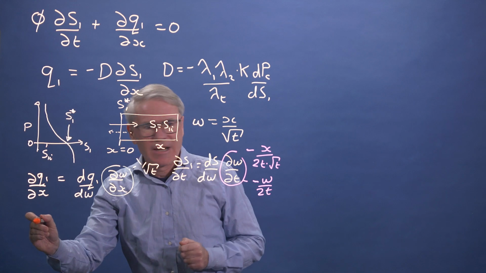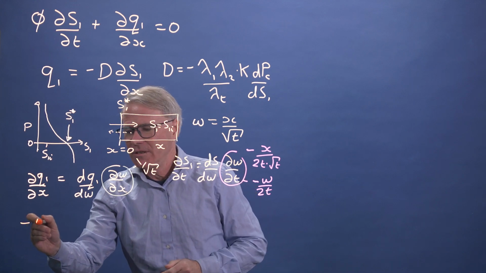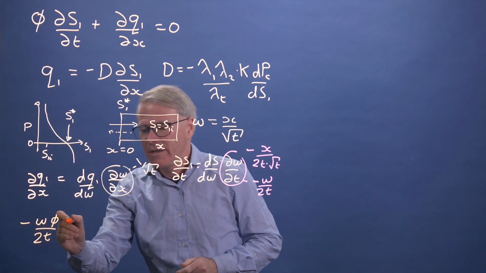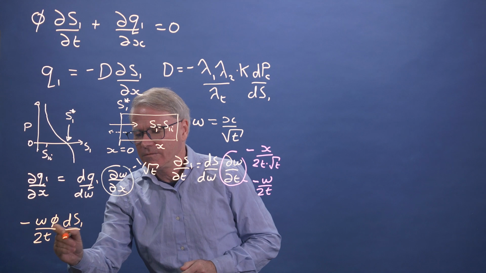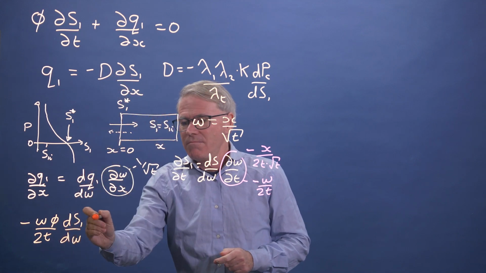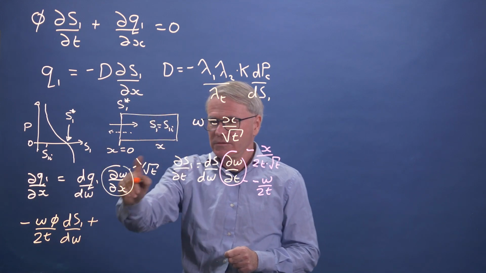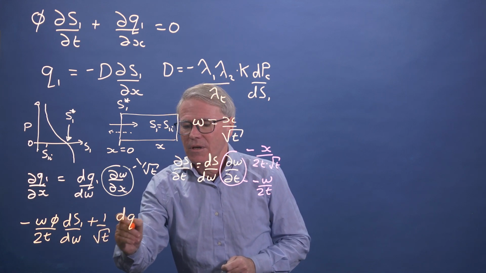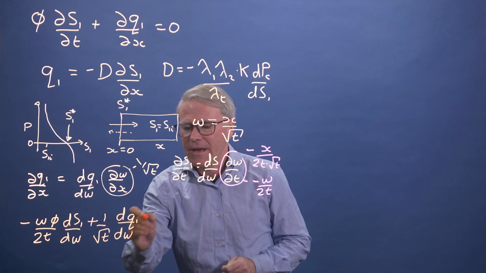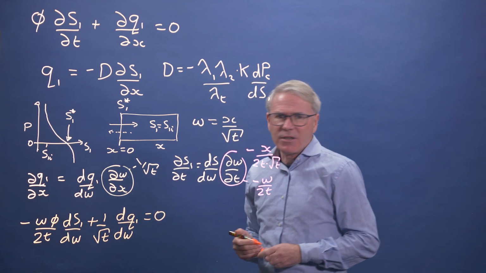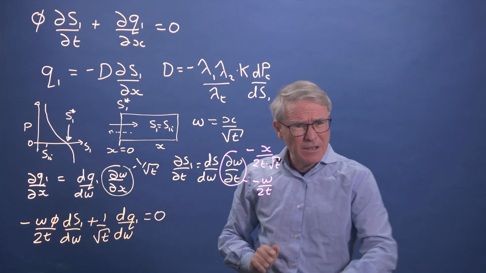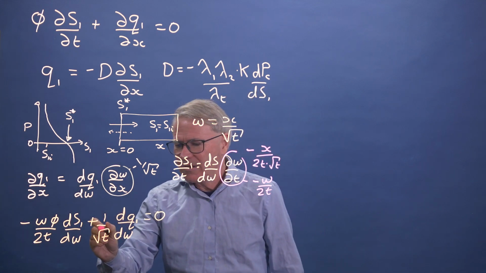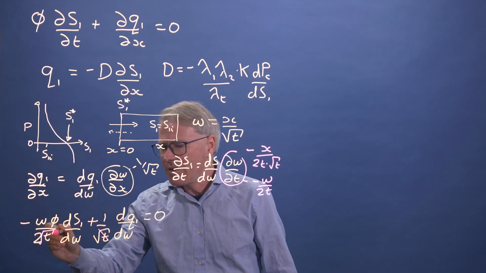All right. Let's see where we get to when we do it. So we've got minus omega times phi over 2t ds by d omega plus 1 over root t dq by d omega, and that equals 0. Now what I'm going to do may seem a little strange to begin with, but obviously that goes here and this becomes a square root.